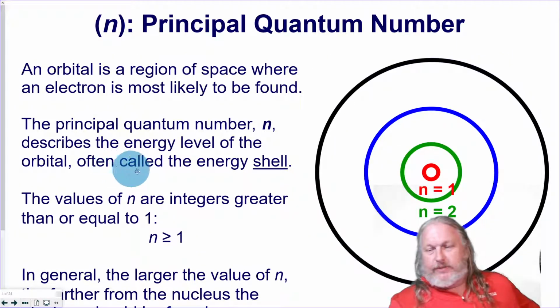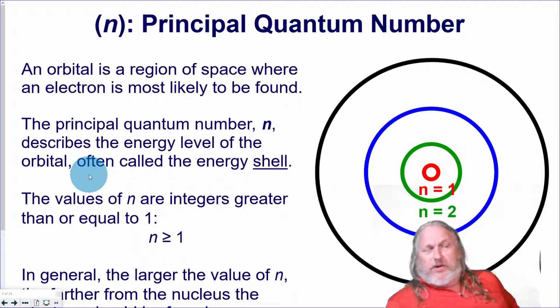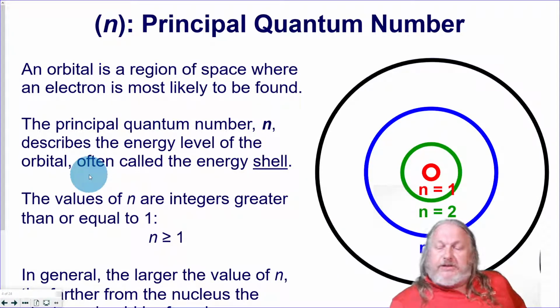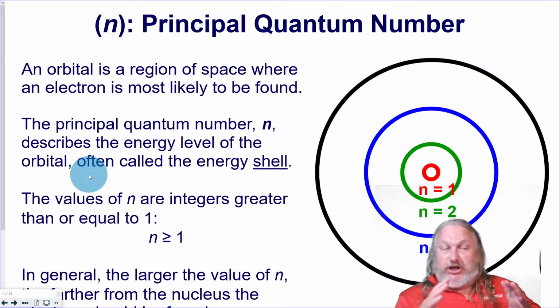So let's talk about the principal number, N. Similar to what Bohr called N, the principal quantum number is an orbital, a region of space where that electron is most likely to be found. The principal quantum number N describes the energy level of the orbital, which we usually call the energy shell.